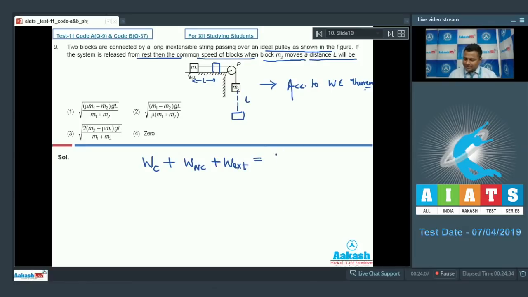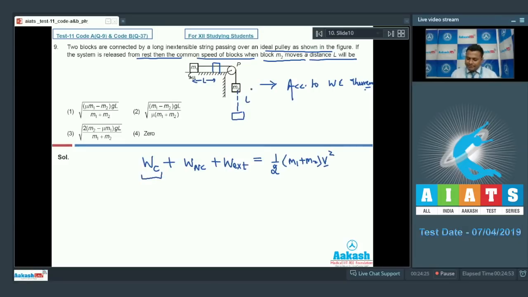Kinetic energy final, that is half. Now they are connected with the string, so they have a common velocity. So their kinetic energy combined can be written as half (m1 plus m2) v square. Initial K is 0. Now we have to calculate this v actually.